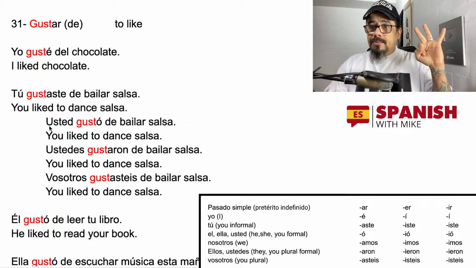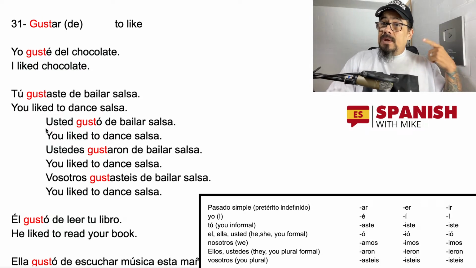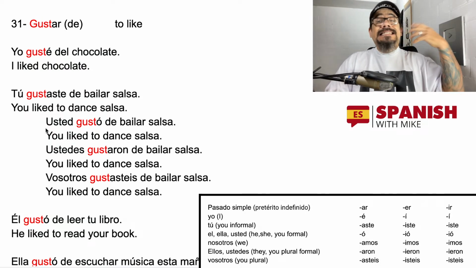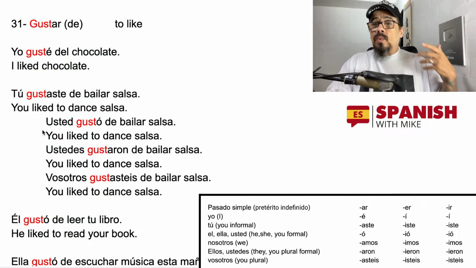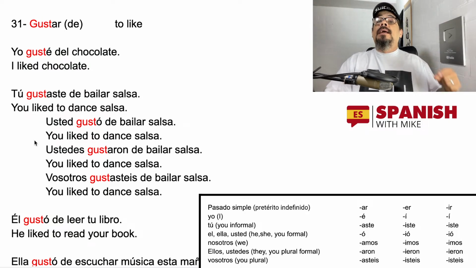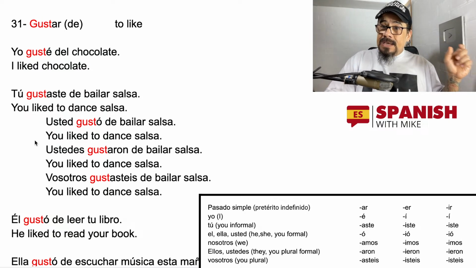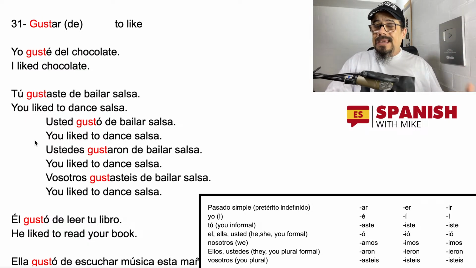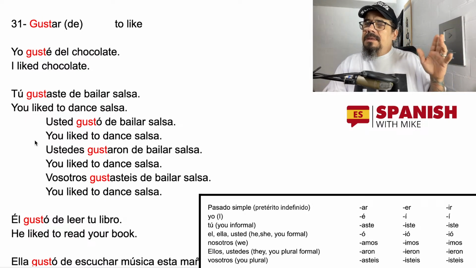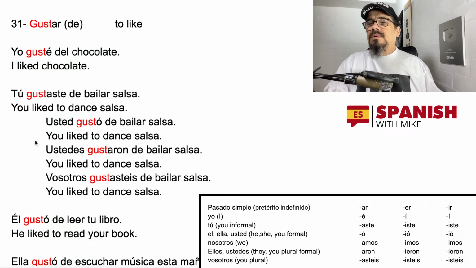Subject, verb, object. This is the real translation, but that's not the way we say it. That would be the literal translation, but that's not the way we say it in Spanish. Although if we use this form, or if we hear this form, we understand. It sounds a little bit weird, not so natural, but we understand.